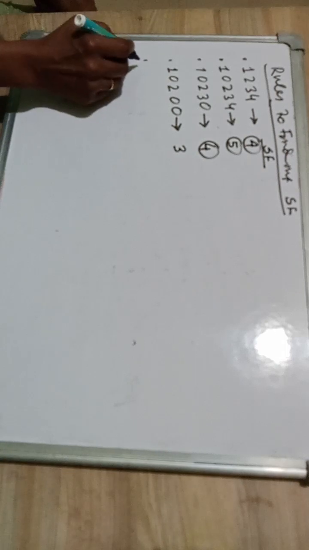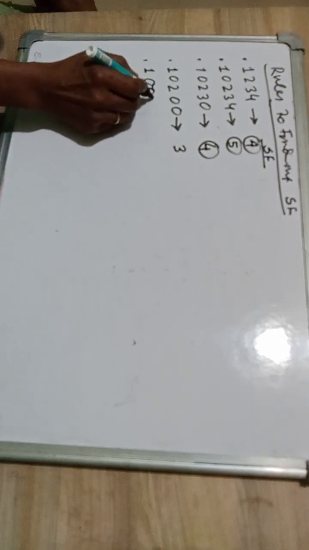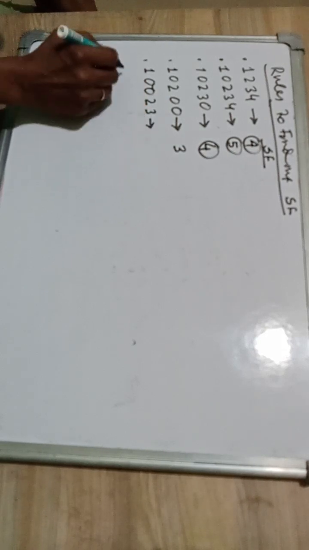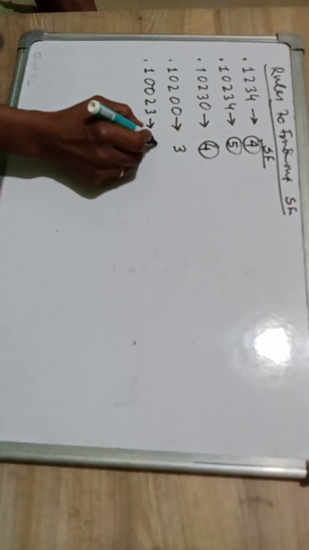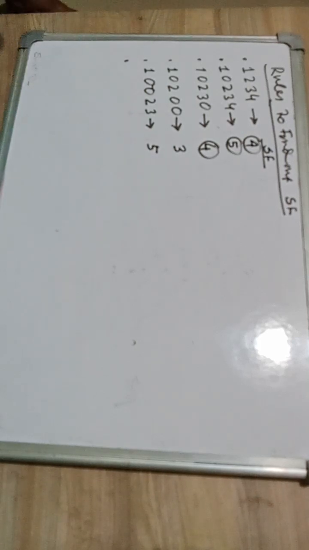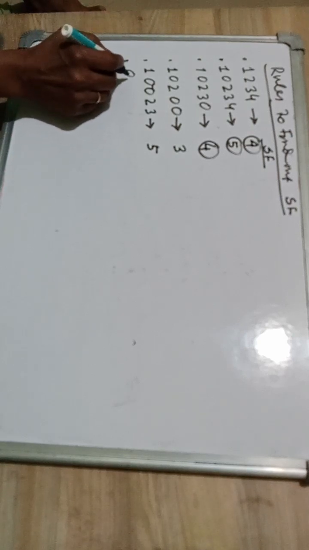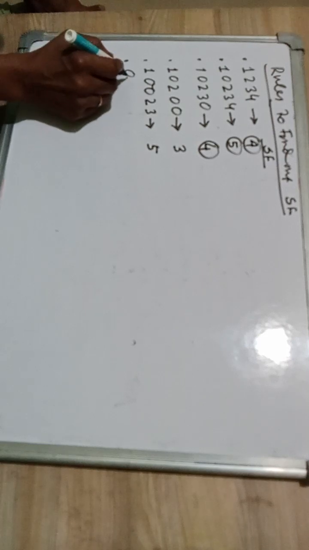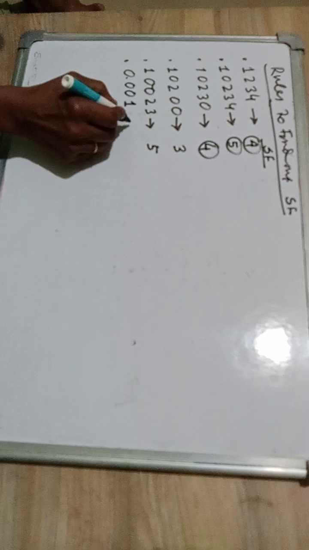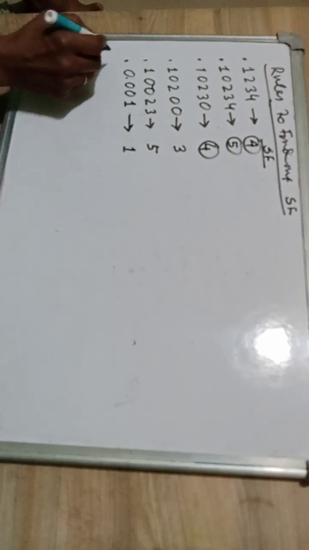Suppose we have a measurement 1, 0, 0, 2, 3. Significant figures will be 5. Suppose we have 0.001. The significant figure will be 1.